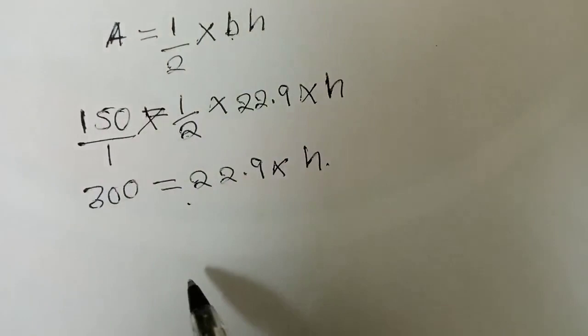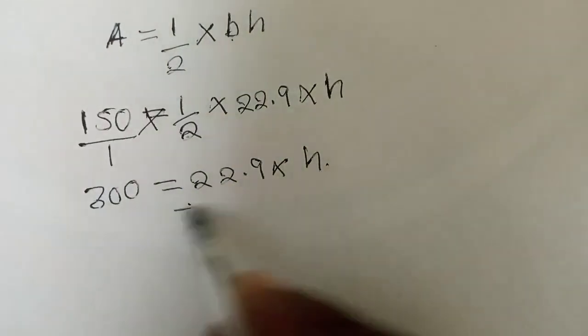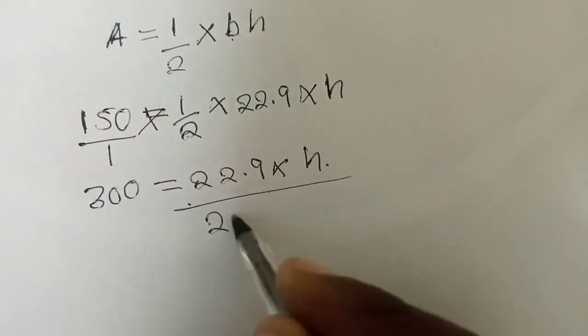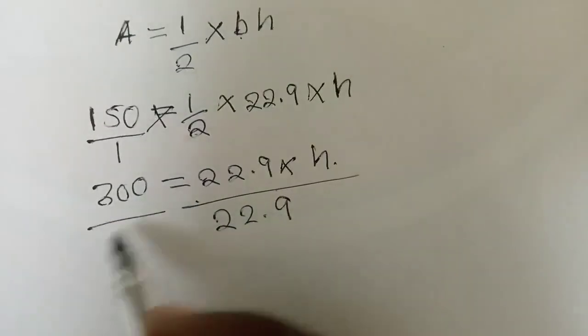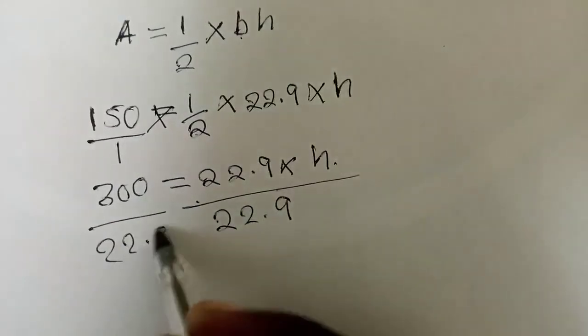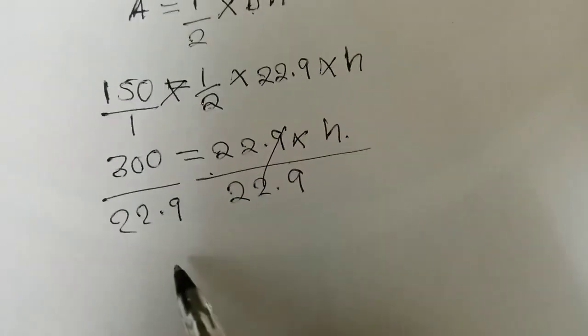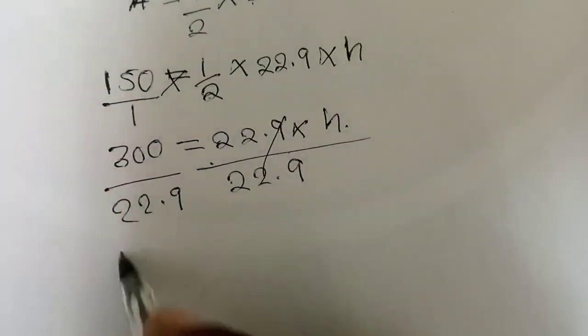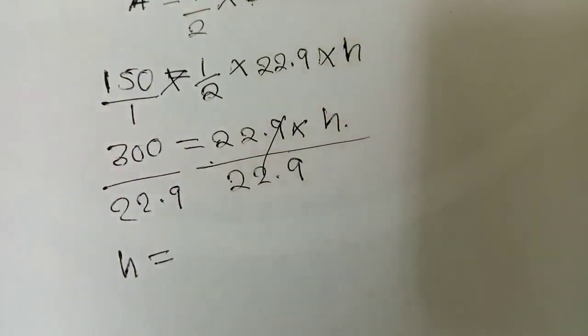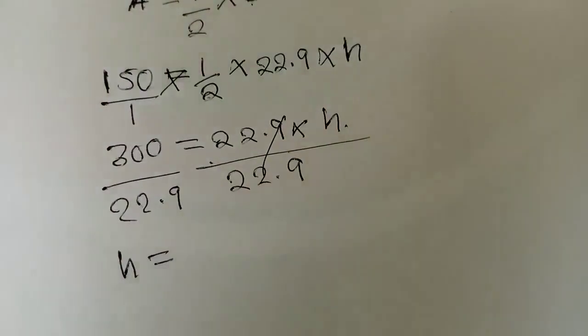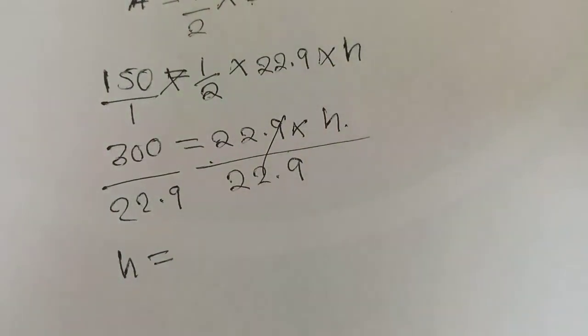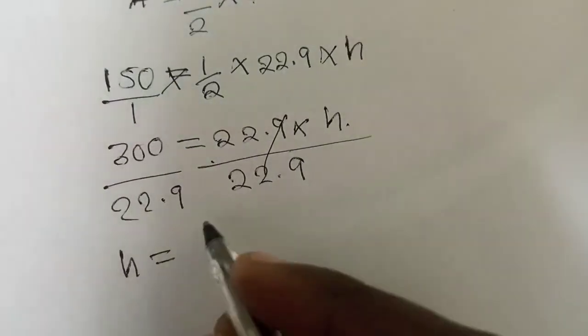To get rid of the h, you divide by 22.9 on both sides. So h is equal to 300 divided by 22.9.